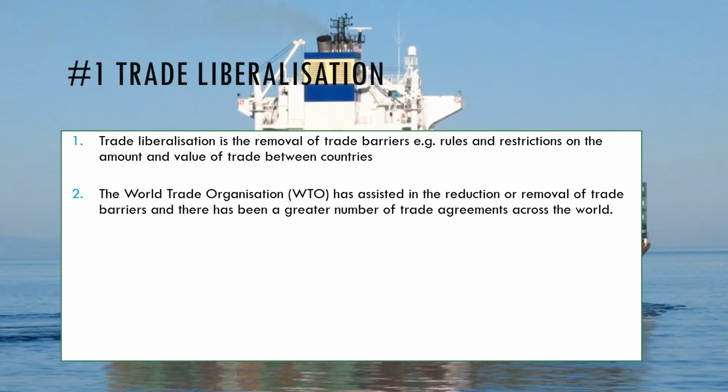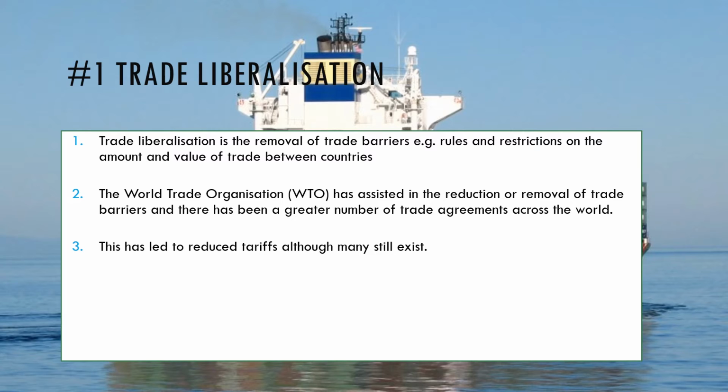An organization that's had a large impact on trade liberalization, or a large proponent of it, is the World Trade Organization, sometimes known as the WTO. It's an organization where countries' governments meet and discuss issues over trade, and they really try to push countries to agree to remove restrictions on the number of imports or exports, or things like taxes on imports.